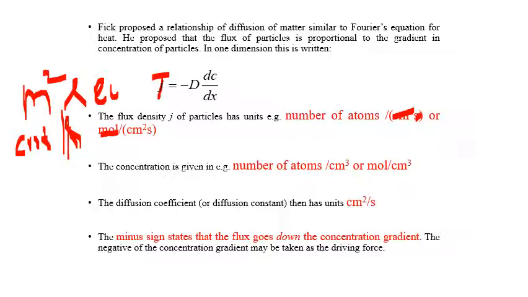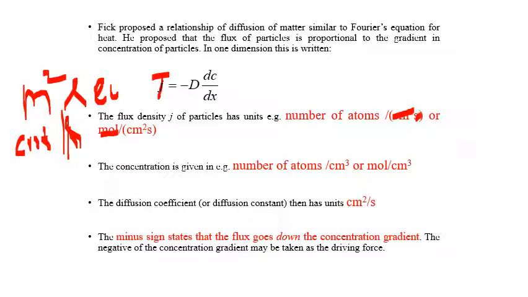So that is the unit of J, and the concentration gradient can also be given. As we have discussed, the diffusion coefficient depends on the unit of the diffusion flux. If you are going to state the diffusion flux in terms of centimeter, then the diffusion coefficient should be in centimeter square per second.